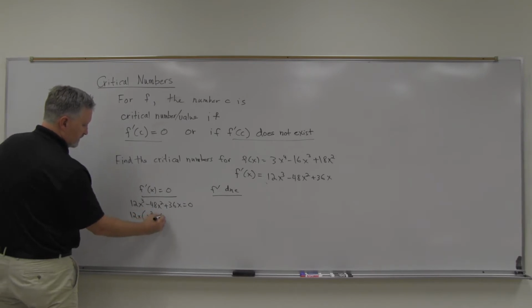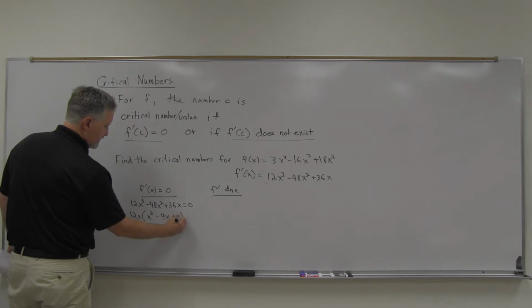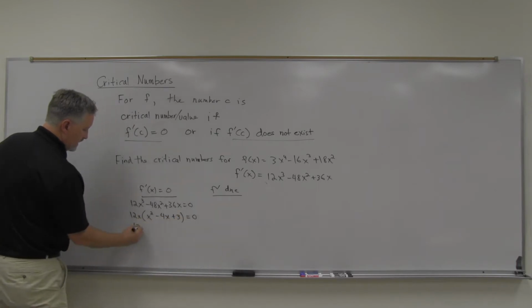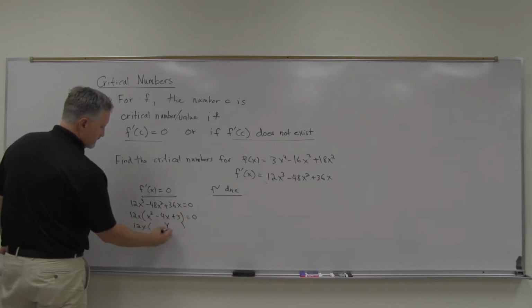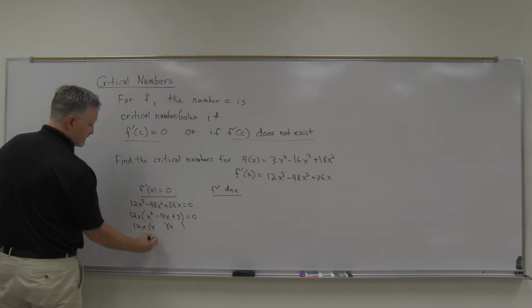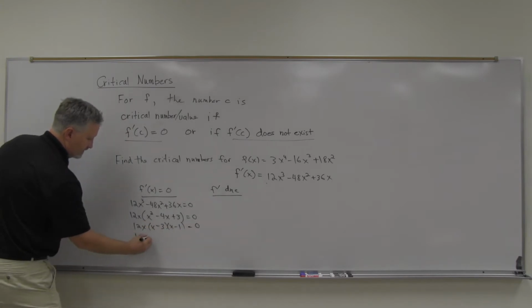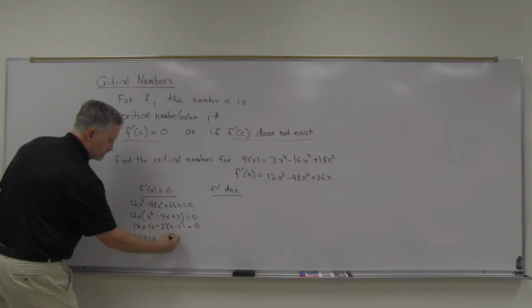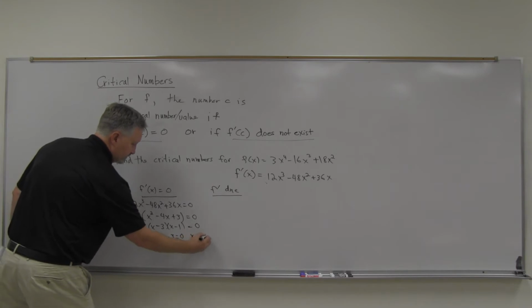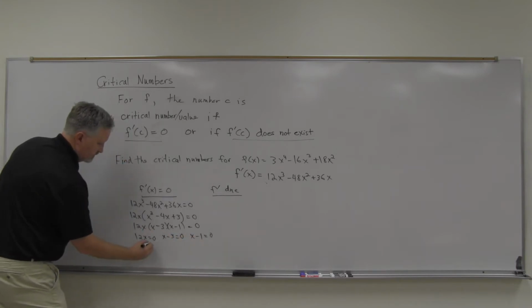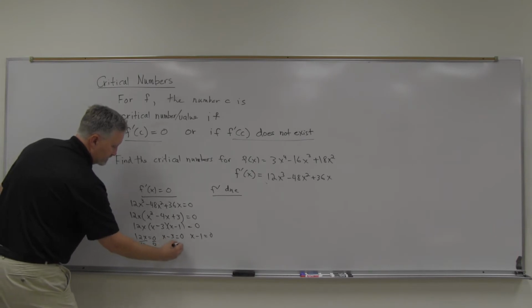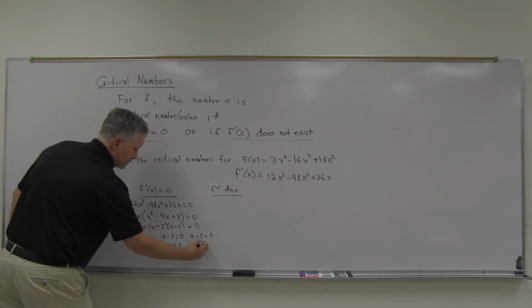That'll give us x squared minus 4x plus 3. And then that factors down to x minus 3, x minus 1. And so set each of those to 0, 3 different values. This would be 0. Add 3, x is 3, add 1, x is 1.